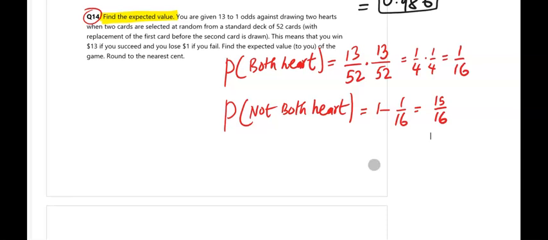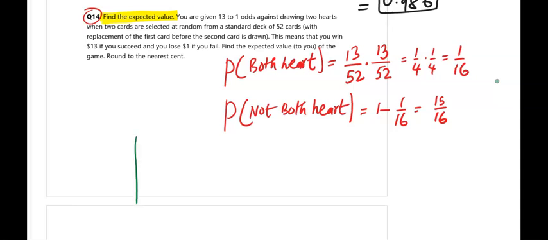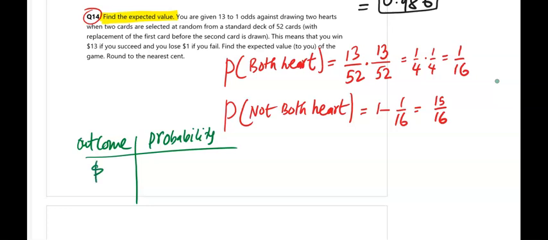So to find the expected value, we've got to create the table. You multiply the probability with the outcome. So here's the outcome, and the next column, the probability. The outcome is $13, and the probability of getting $13 is 1/16.